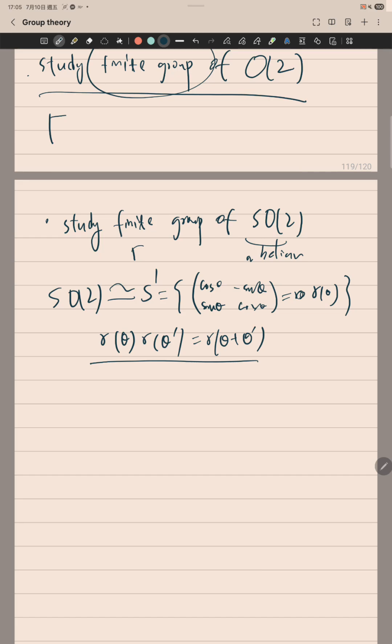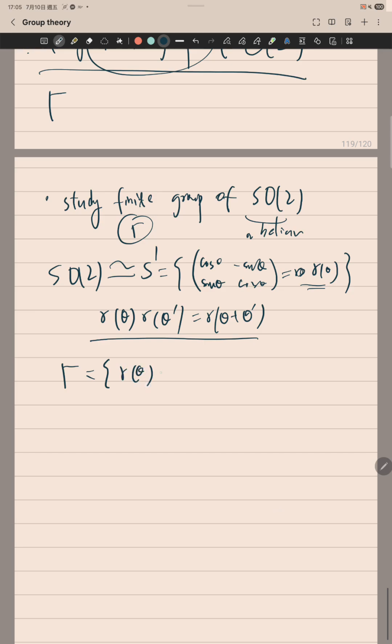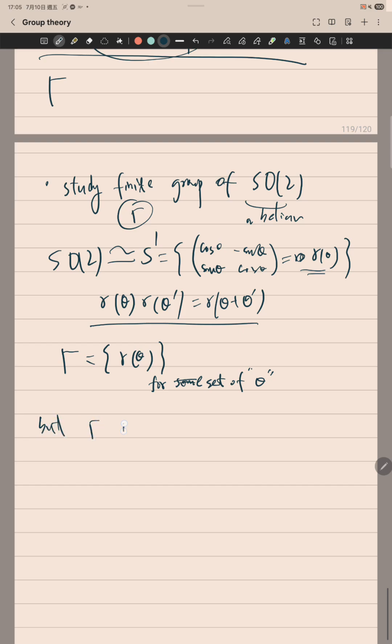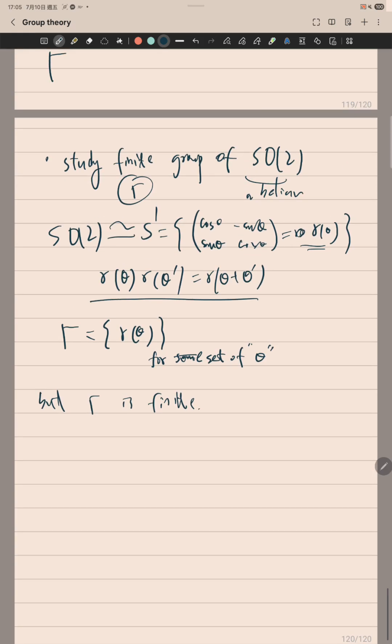Okay, but by definition, every gamma is basically some R theta. So the set gamma will just be R theta for a set of thetas. Okay, but gamma is finite. So I think everyone knows the trick.